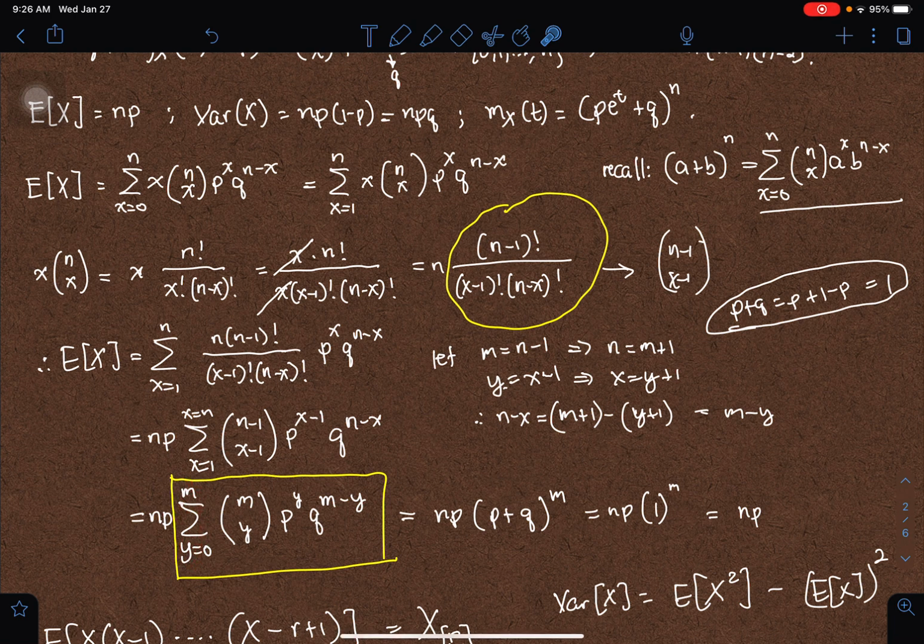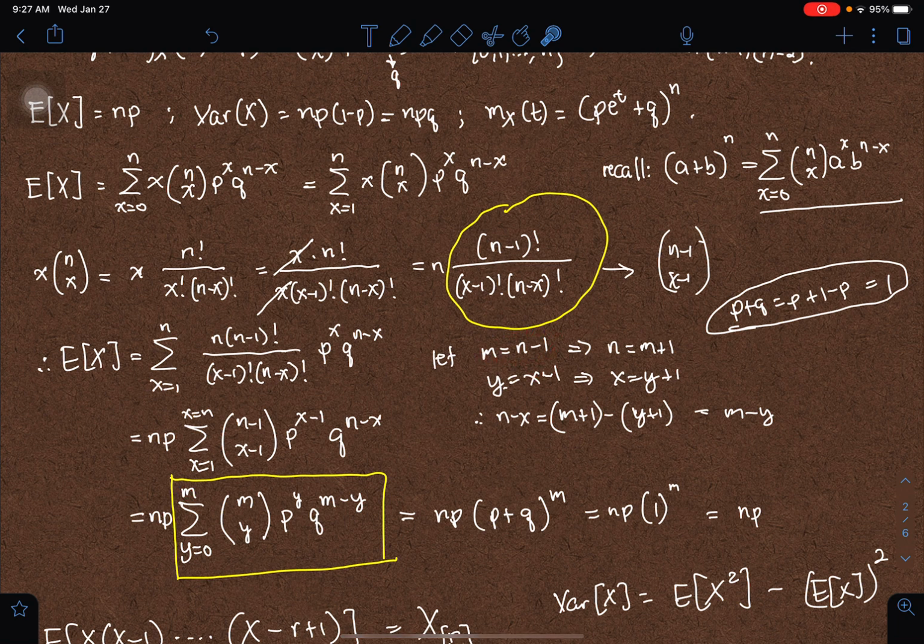Here, when the variable is x, the limit starts from 1 and ends at n. So when we introduce y equals x minus 1, when x is equal to 1, the value of y will be 0. And when x is equal to n, the value of y will be n minus 1, which we denote by m.